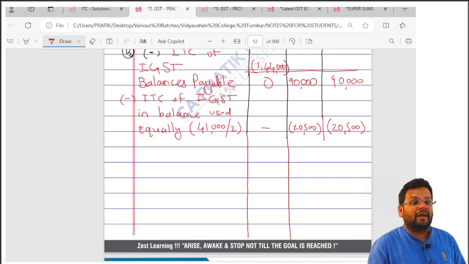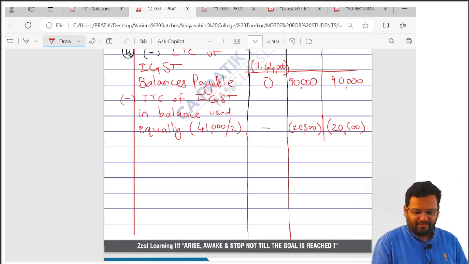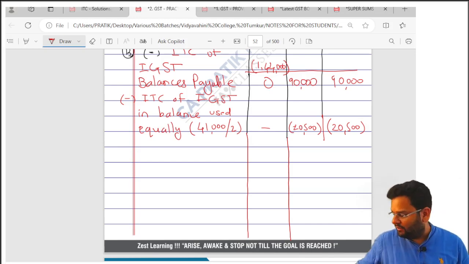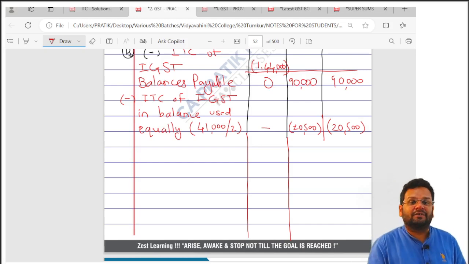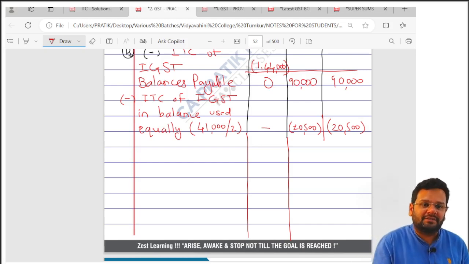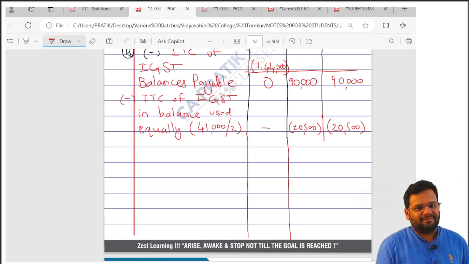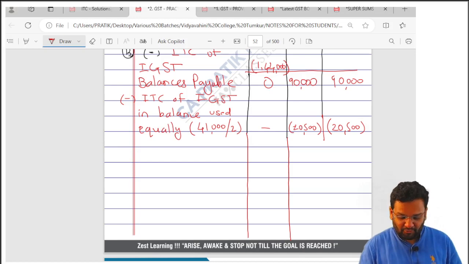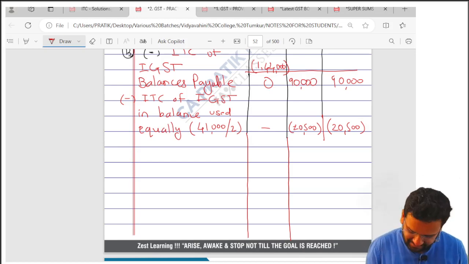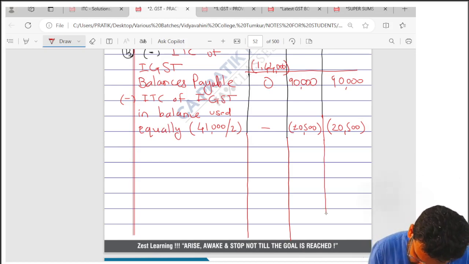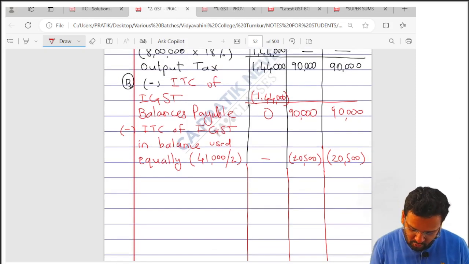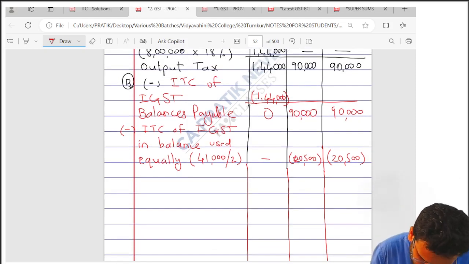Eventually, what you are carrying forward should be the same. Whether you carry forward balance of CGST or balance of SGST doesn't matter. But you have to exhaust what? IGST.